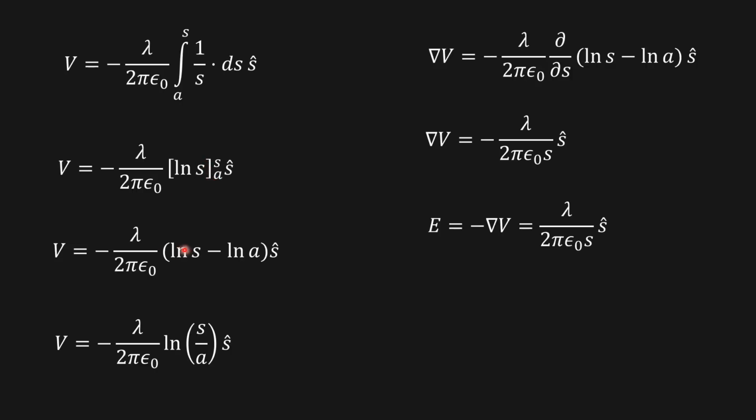Then if you apply the limits, natural logarithm of s minus natural logarithm of a. This can be written as natural logarithm of s over a. So your potential is minus lambda over 2 pi epsilon naught natural logarithm of s over a.